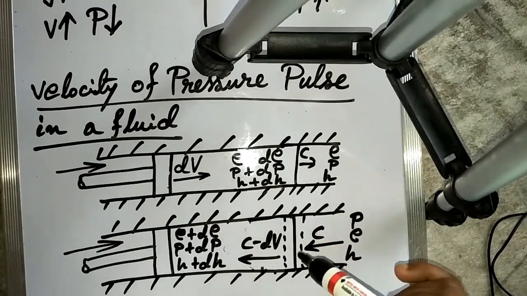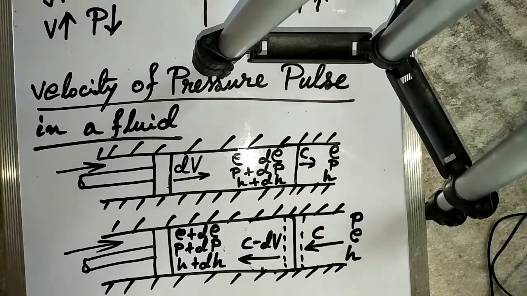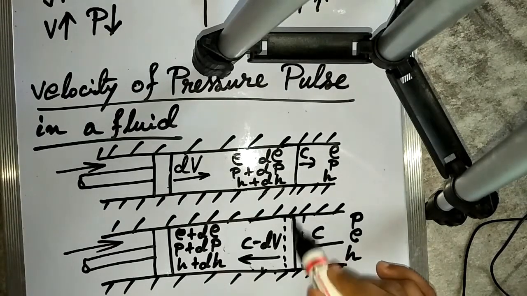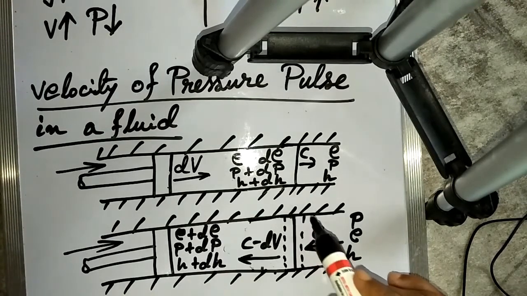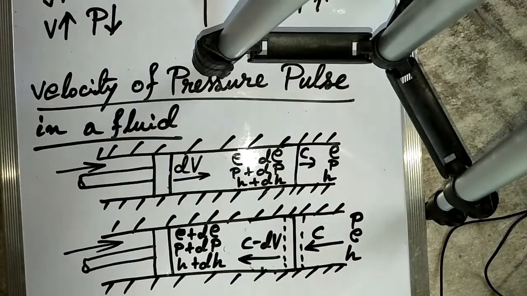Now the next case is the same thing, but in this case let an observer be assumed to travel with the wavefront to the right with a velocity c.